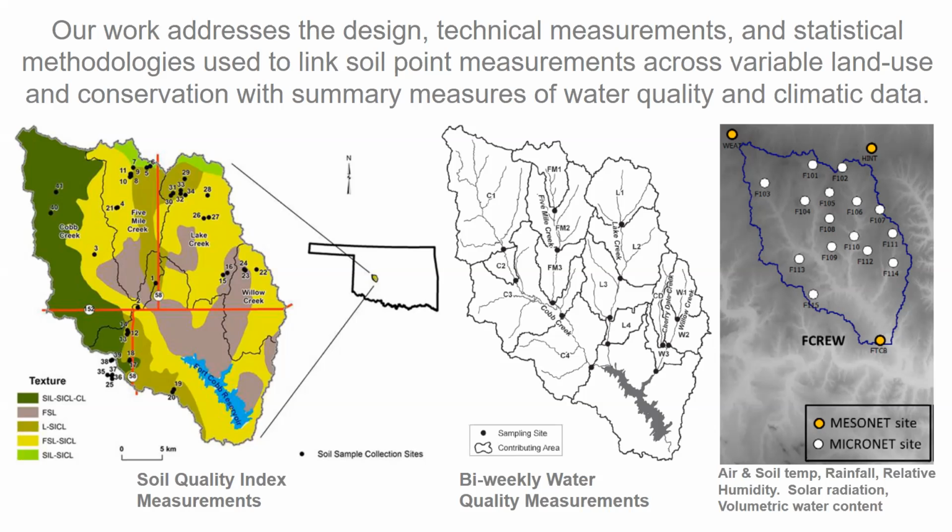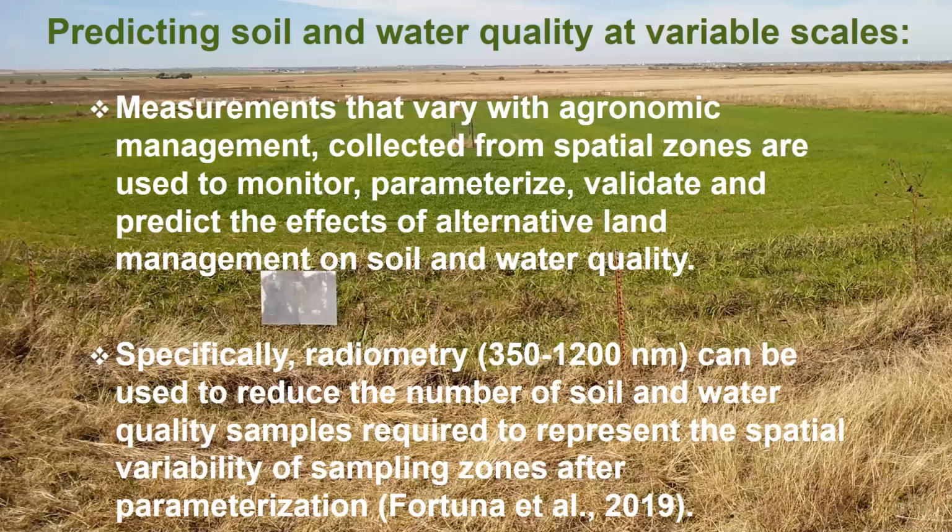This data was collected using meso and micronet sites. So in addition to air temperature, we also have soil temperature, rainfall, relative humidity, solar radiation, and volumetric water content. So with these metadata sets, we can then begin to predict soil and water quality at variable scales.